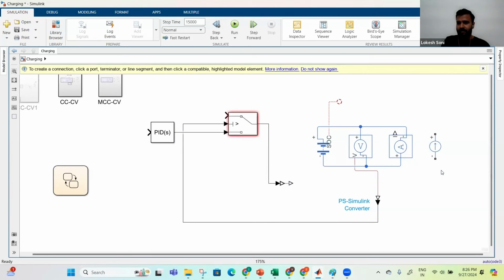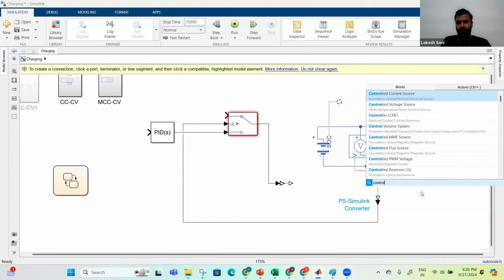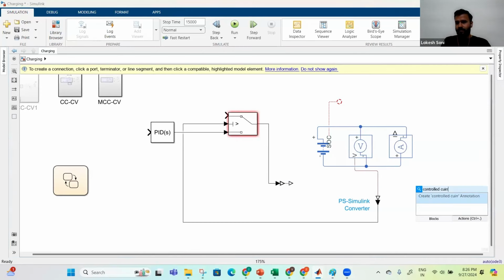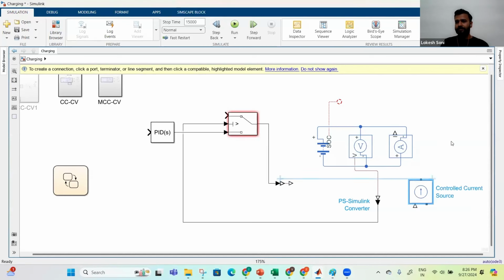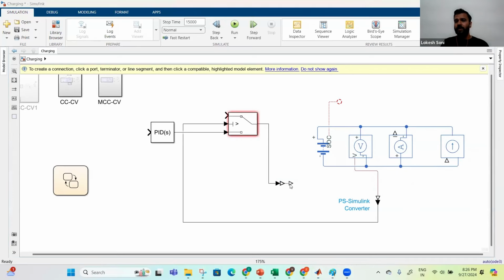One second. Yeah. So this block would do the current pumping to the battery.